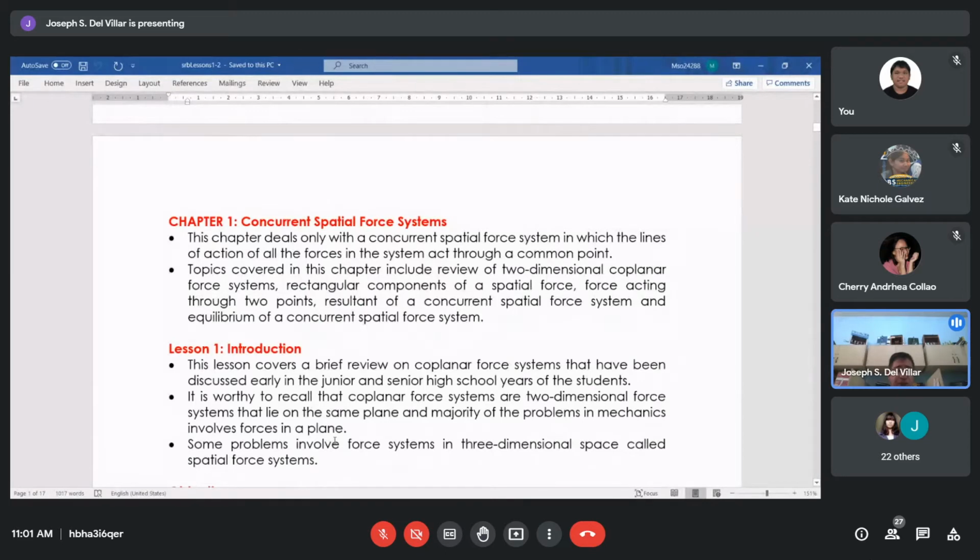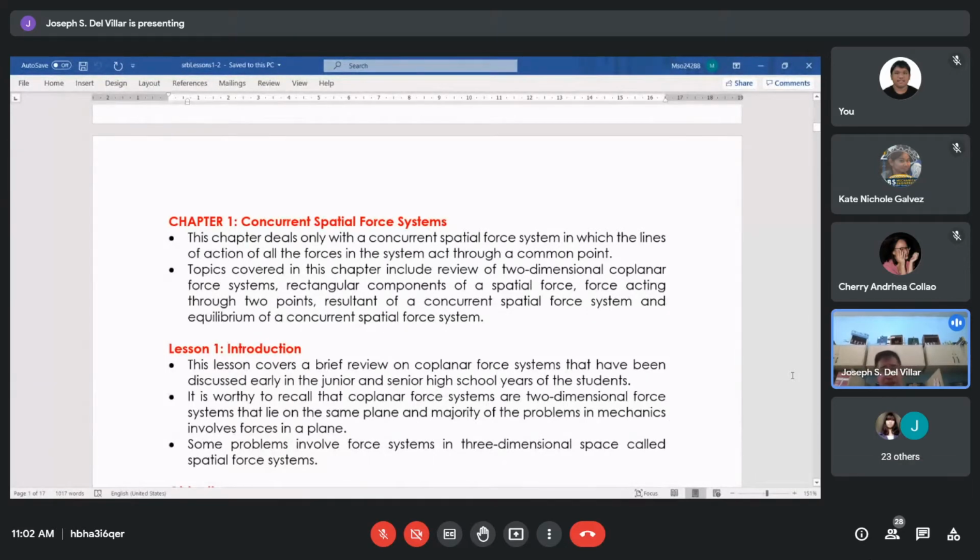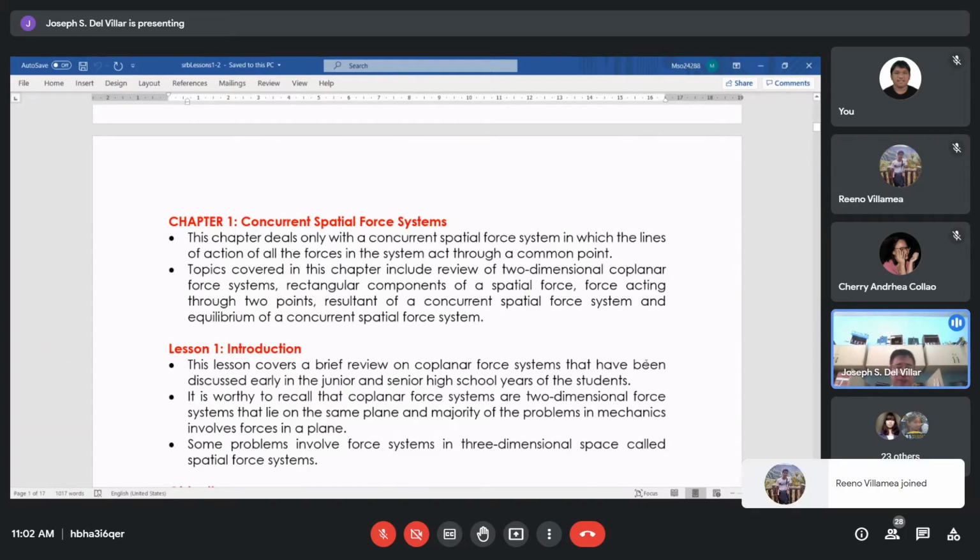It is worthy to recall that coplanar force systems are two-dimensional force systems that lie on the same plane, and majority of the problems in mechanics involve forces in a plane. But there are problems that involve force systems in three-dimensional space, and we call these spatial force systems.